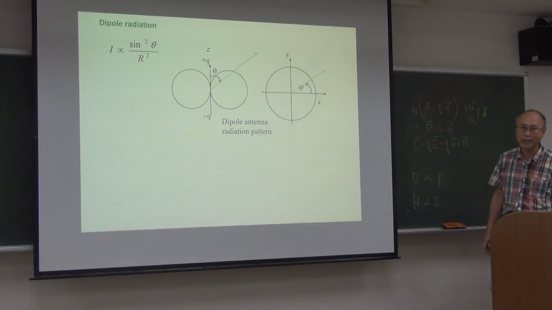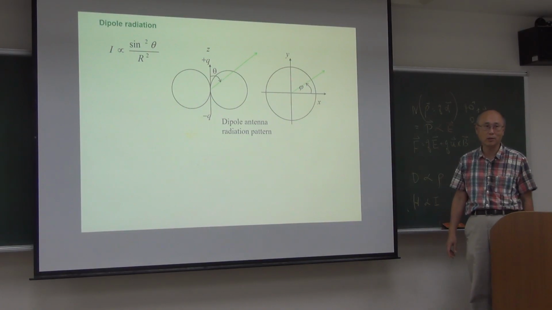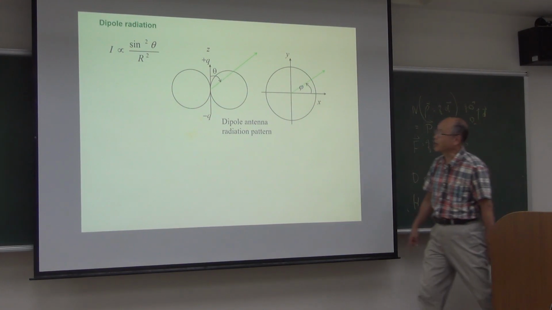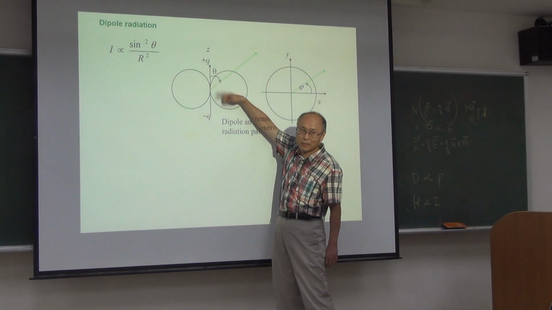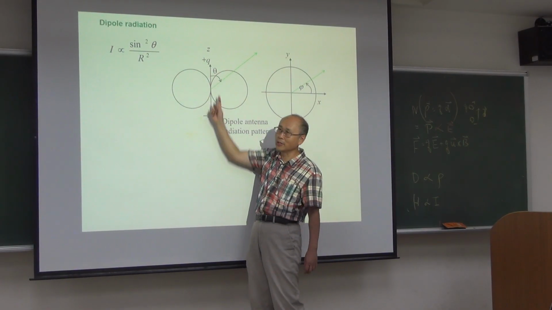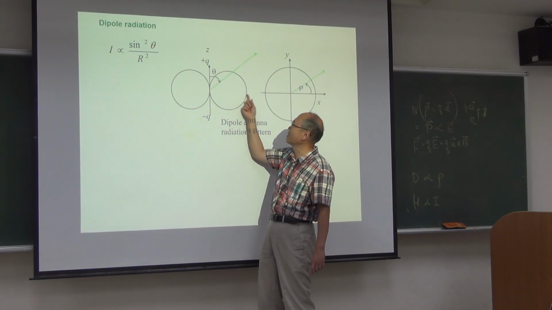You can plot the antenna pattern, if you still remember from last semester when I taught electromagnetic waves. This is the antenna pattern. If you have a dipole oscillating like this, then you have an antenna pattern like this. There's no radiation along the oscillation direction, and the strongest radiation is along this direction.